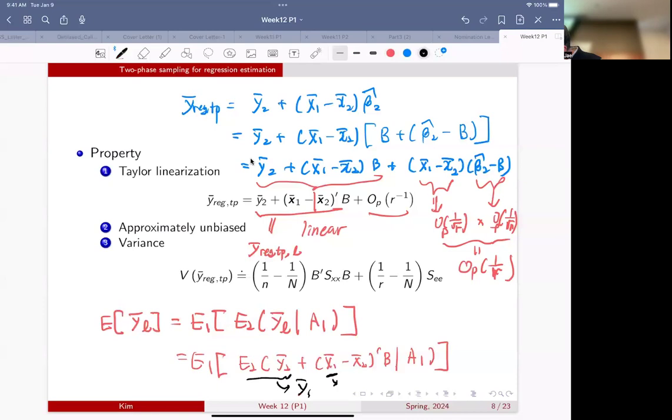And the expected value of x bar 2 is x bar 1, so x bar 1 minus x bar 1 is equal to 0, and you get y bar. So that means it is unbiased, regardless of what the limit is, right?